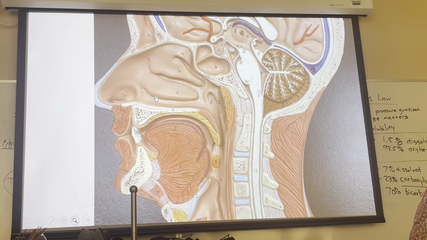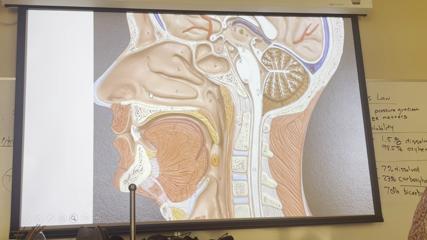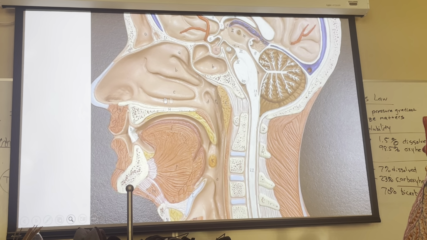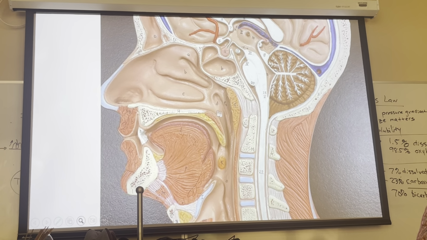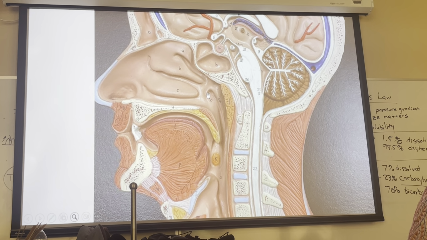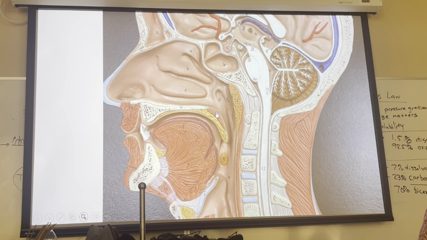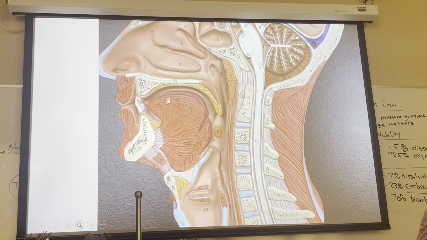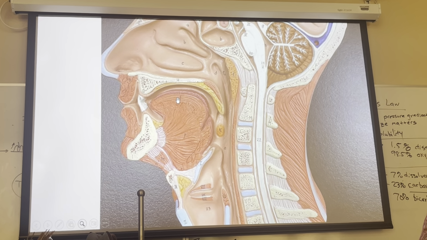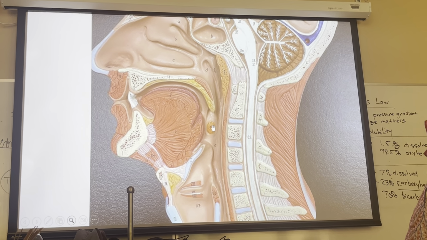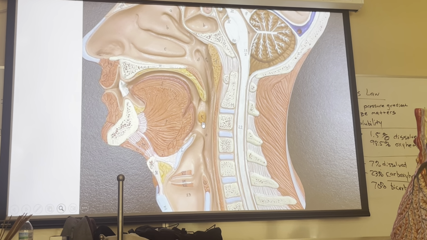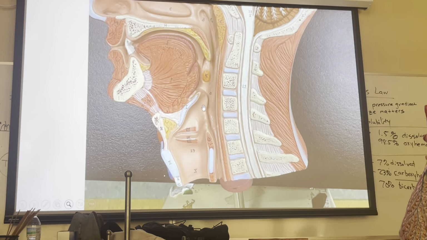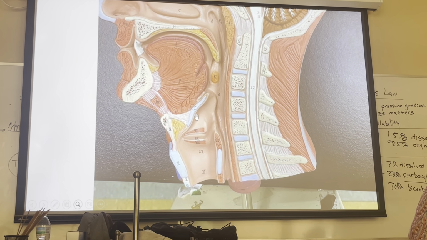The three sections are named for the space or cavity that they are at the posterior of. At the back of the nasal cavity, you have the nasopharynx. If you move down a little bit below, see this is the mouth or the oral cavity. So back here you have the oropharynx. And then right here, anteriorly, this is the larynx.